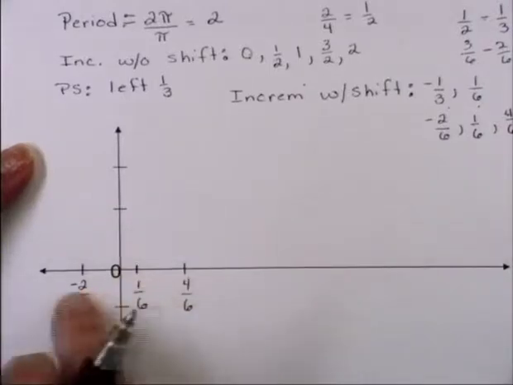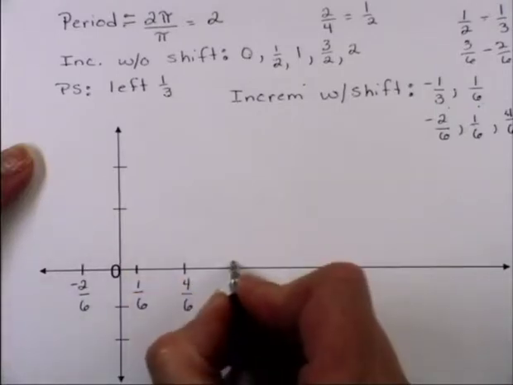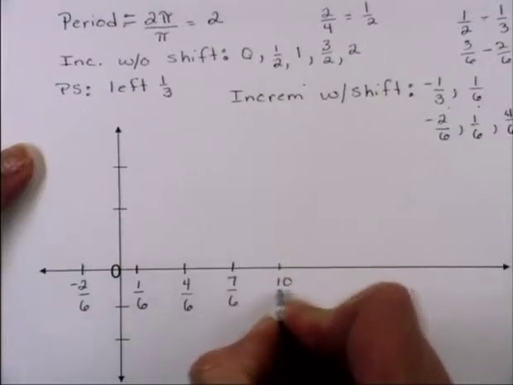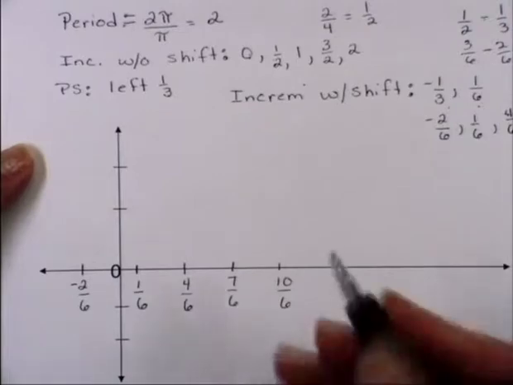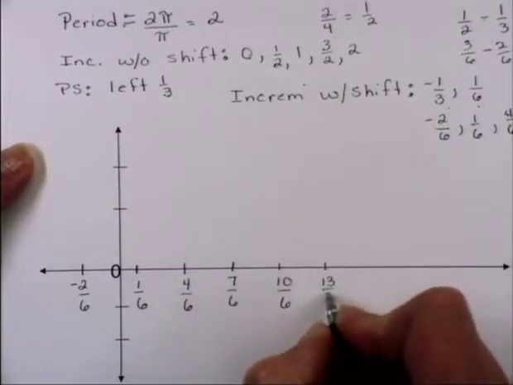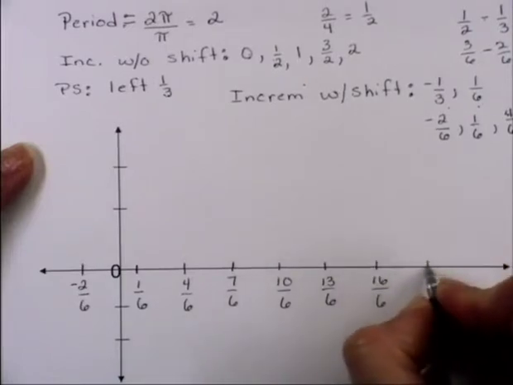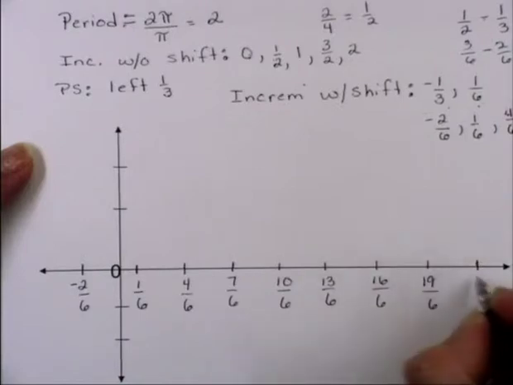Once I get these two in the correct position, then from there we just count on up. 4/6, 7/6, 10/6. And if we wanted to continue to do a second period, we can, just by counting by threes: 13/6, 16/6, 19/6, and 22/6.